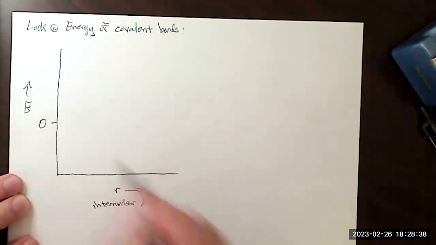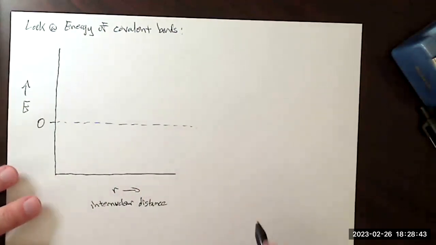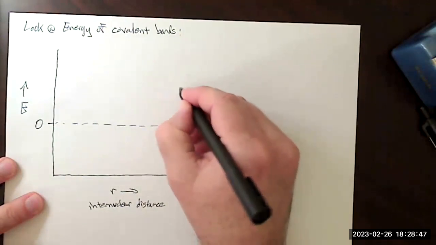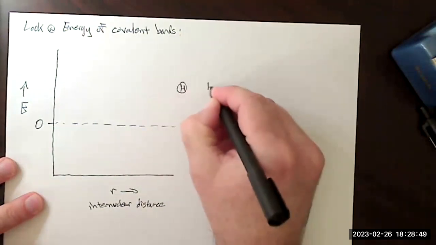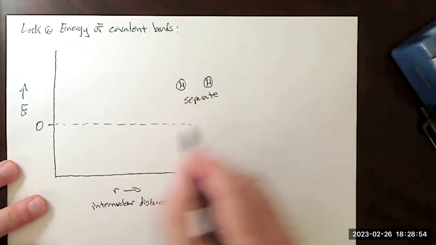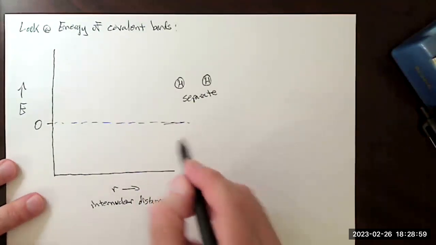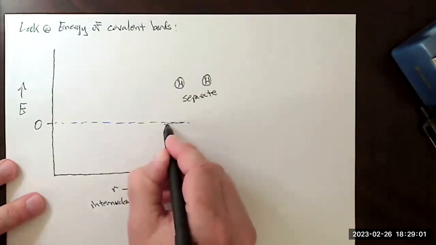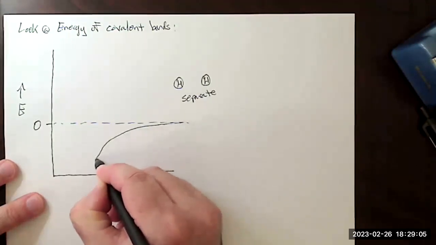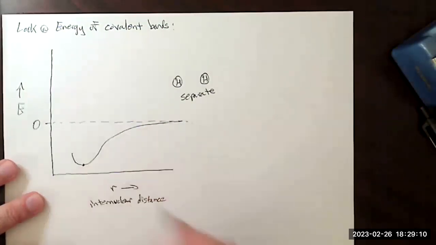So at some point, there's going to be a zero of energy here. Now, when our atoms, let's say we had a couple of hydrogen atoms here, are separate, we essentially are at zero energy. As we bring those atoms together, they will get lower in energy until they reach a point of minimum energy.